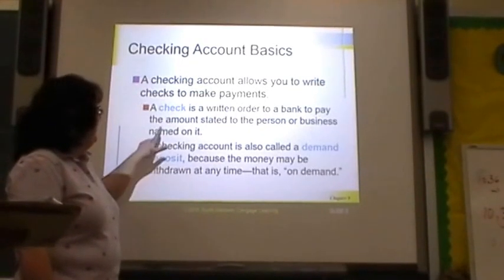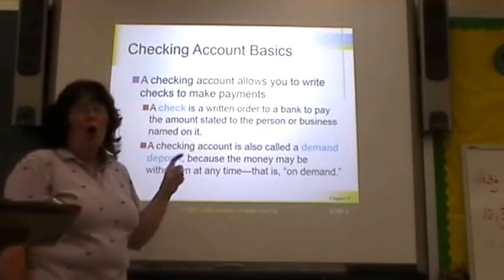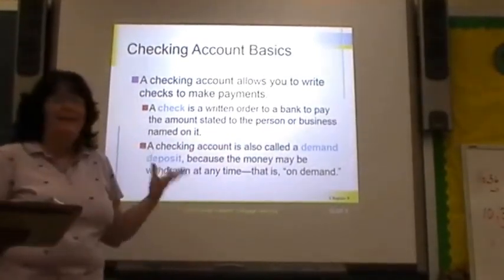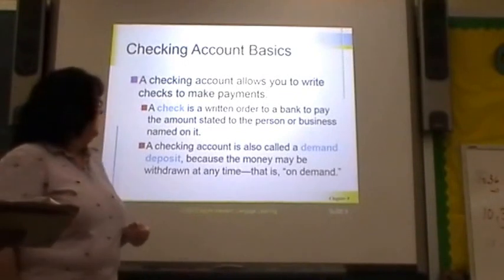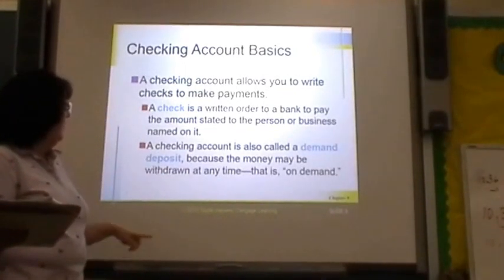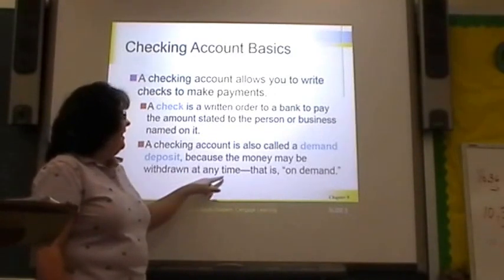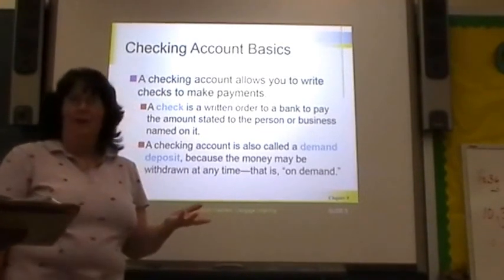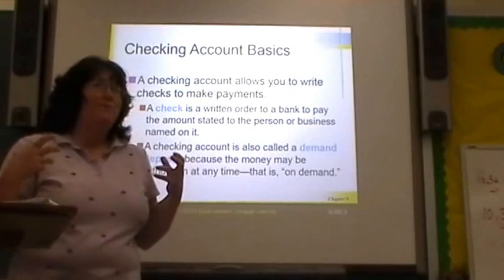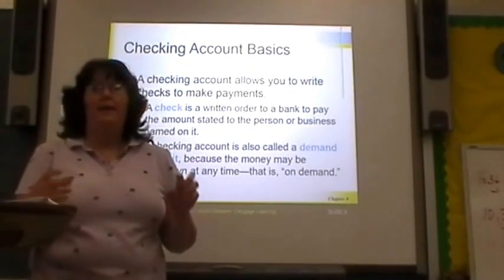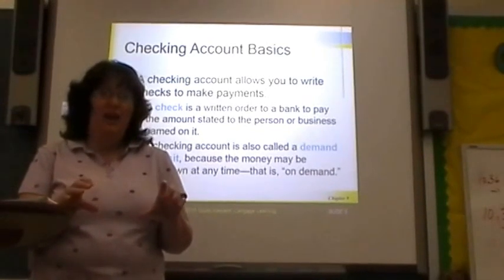to pay the amount stated, and on that check you write the person or the business that needs to receive the funds. A checking account is also called a demand deposit because the money may be withdrawn at any time, like on demand. So you guys order movies on demand, it's the same thing. They present that check.